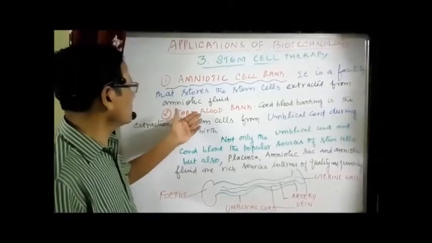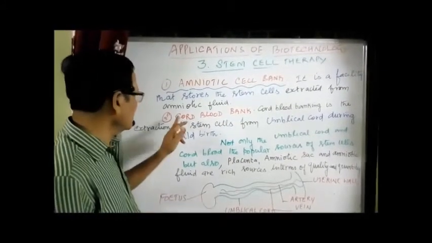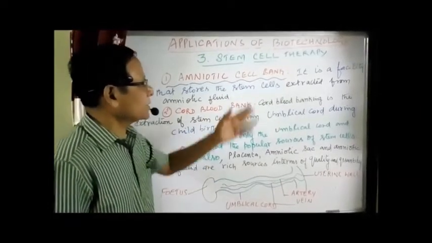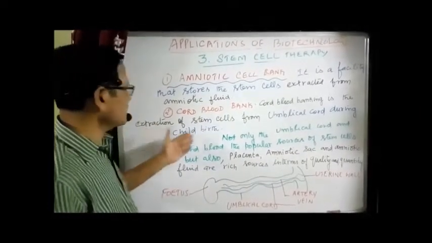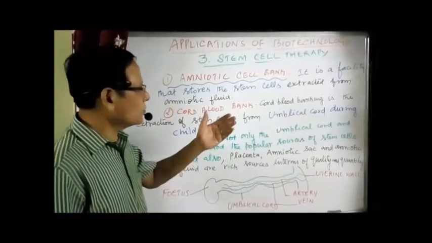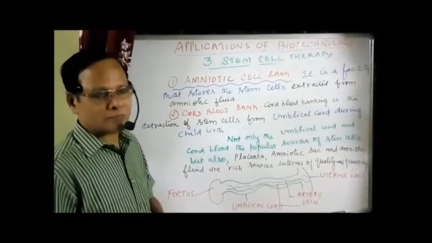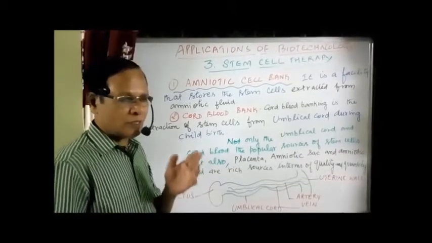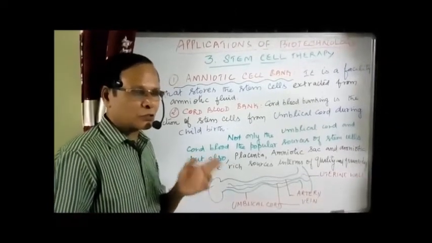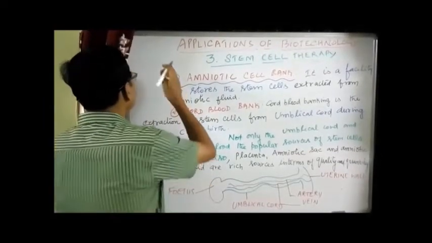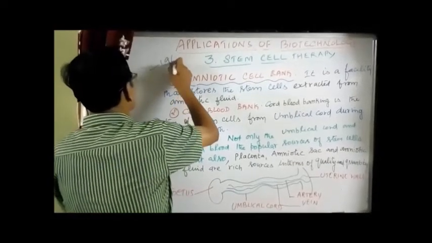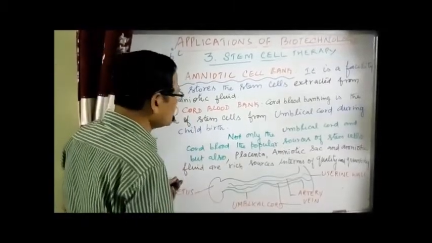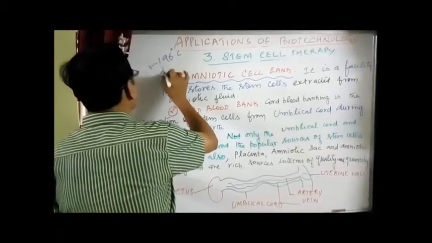Now the next one, the cord blood bank. The cord refers to the umbilical cord. Cord blood banking is the extraction of stem cells from the umbilical cord at the time of birth. During birth we cut the umbilical cord. If we take a piece of umbilical cord and store it at minus 196 degrees Celsius, it can be stored in the bank for nearly 21 years.